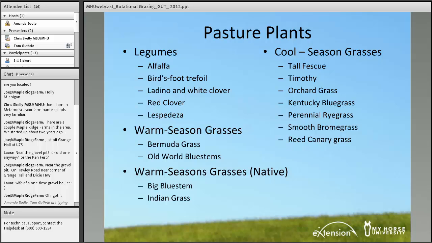If we look at the cool season grasses, such as Kentucky bluegrass and smooth brome grass, let's say here, Kentucky bluegrass is highly palatable to horses. They actually may prefer it over other grasses. It withstands close grazing well, and it forms a dense sod and it's widely adapted.